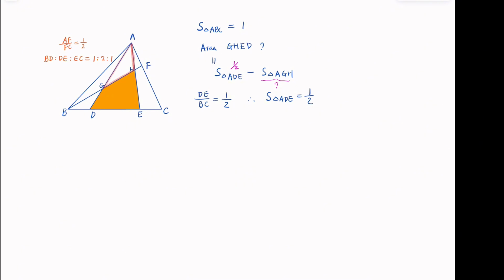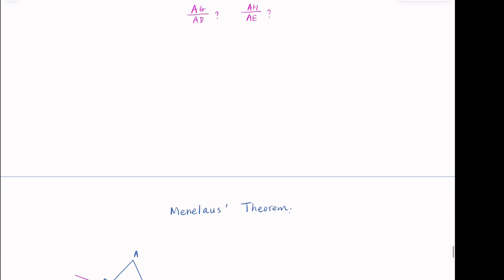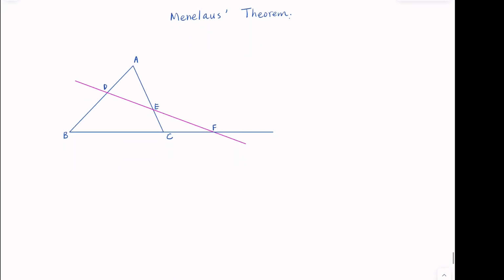In order to find this, it's good to find out the ratio. So what is AG over AD? And also what is AH over AE? Here a useful theorem, which is covered in my previous live video, is Menelaus Theorem.